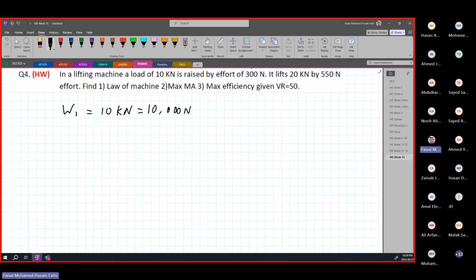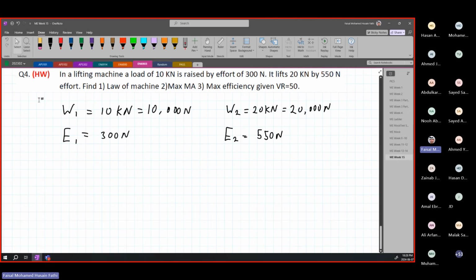Is raised by an effort of 300. E1 is 300 newtons. It lifts 20 kilonewtons, your load 2, W2 is 20 kilonewtons, which is 20,000 newtons, by an effort of 550 newtons. So it asks for the first one to find the law of the machine.